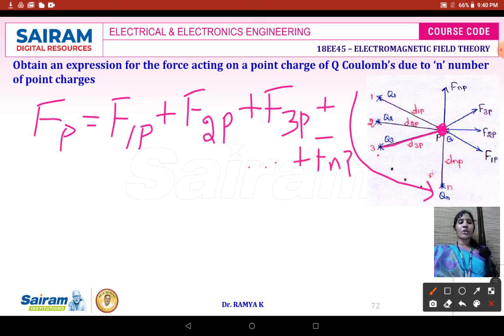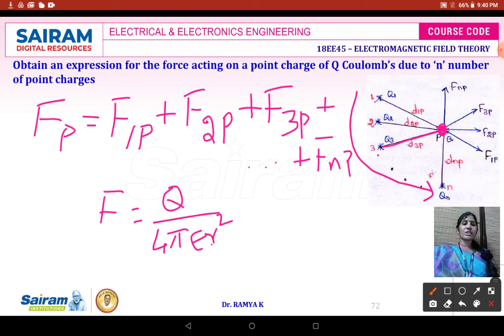So we know that according to Coulomb's law, we can write F is equal to Q1 Q2 divided by 4 pi epsilon r square. This r has to be the distance between the charges, that is the distance between the cause and effect. So the distance between the cause and effect is nothing but d1p.